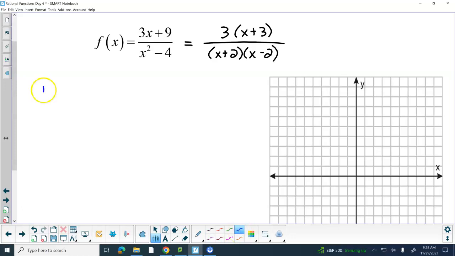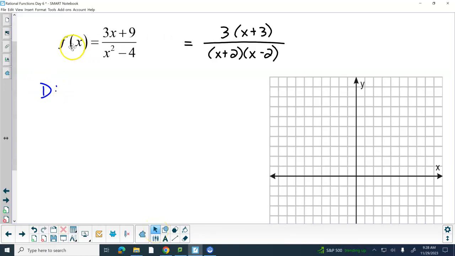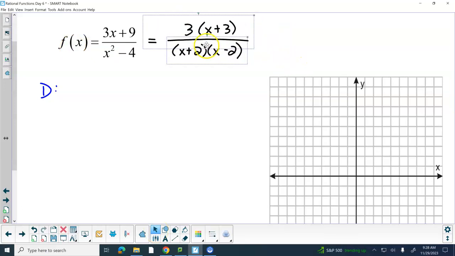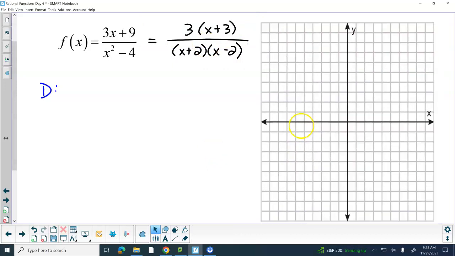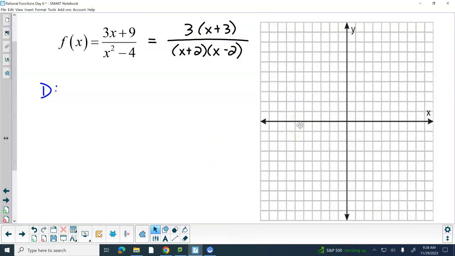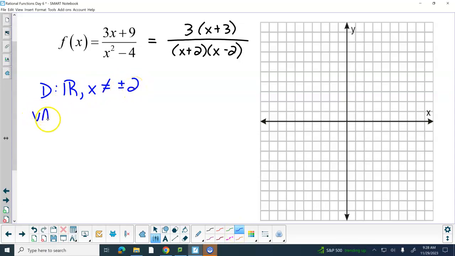Domain then. Domain of this function. Love it. Okay. All real numbers. X can't equal plus or minus 2. Vertical asymptotes then.